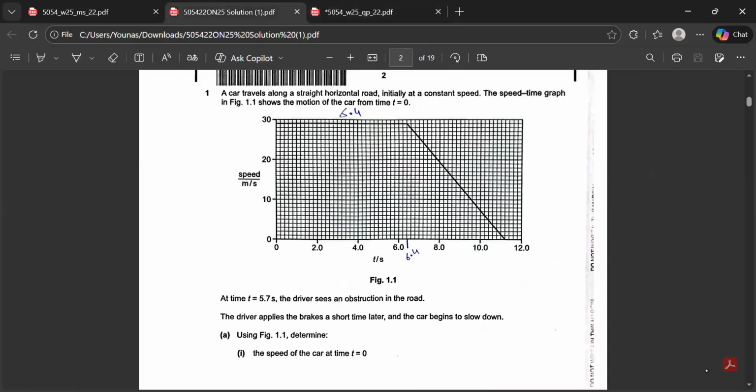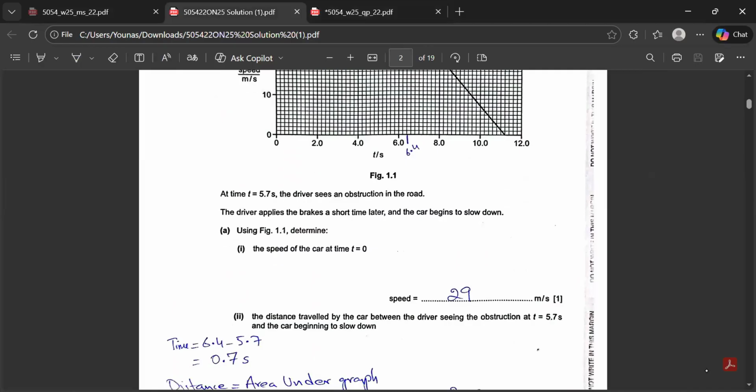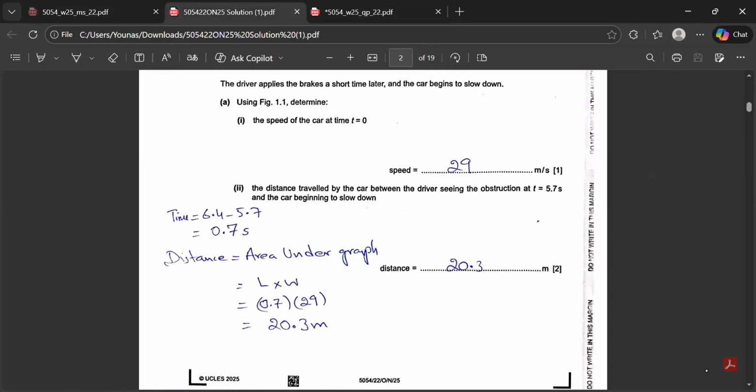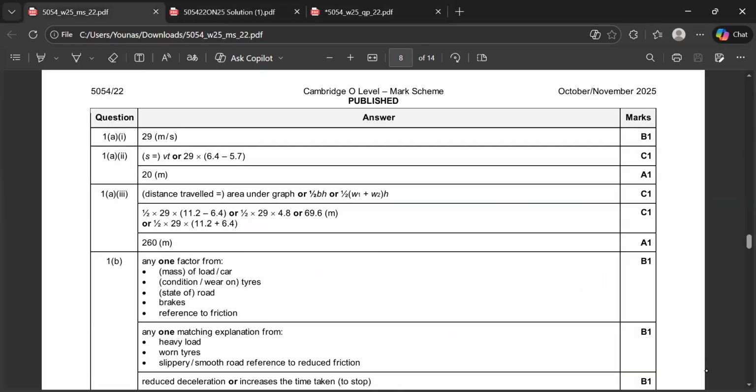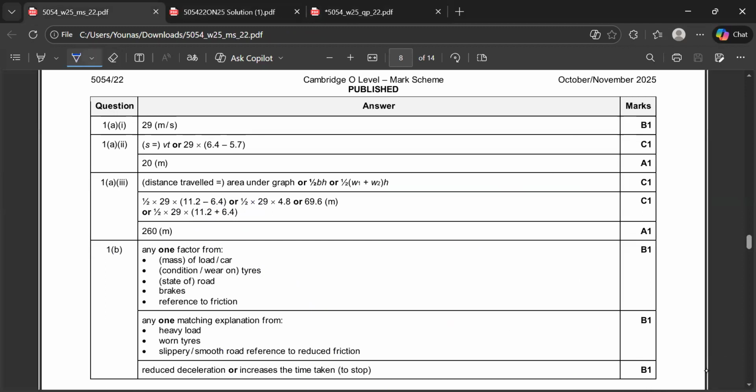From the graph, I am giving you this answer. So the answer is 29 meters per second. So you can see the answer is right.